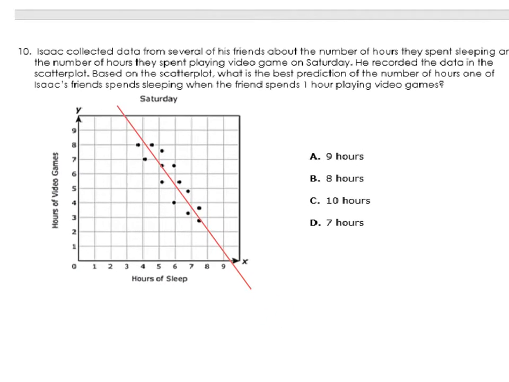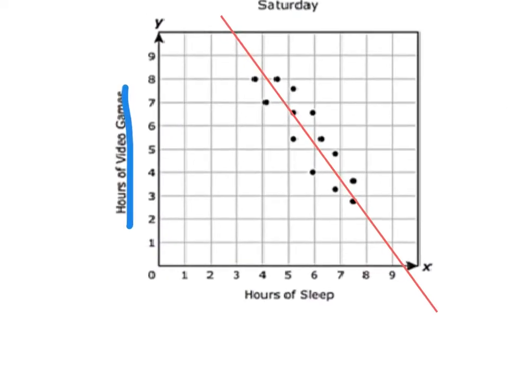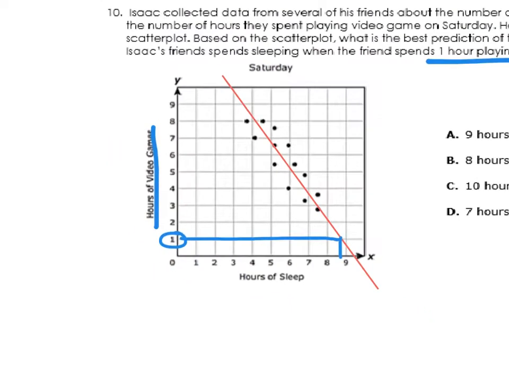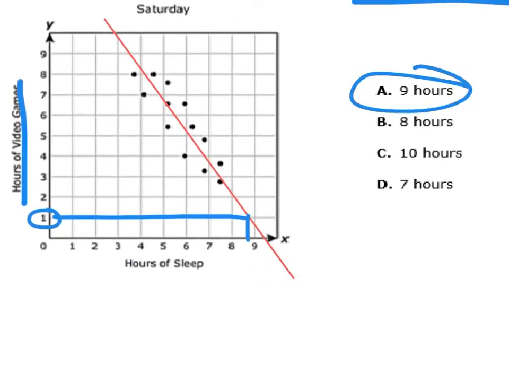So we're looking at 1 hour of playing video games. So this is hours of sleep. So we're not looking at the x-axis this time. This time we're looking at the y-axis, where the y is 1 hour of playing video games. About here we go over. So it's closest to 9. So we're going to say about 9 hours.